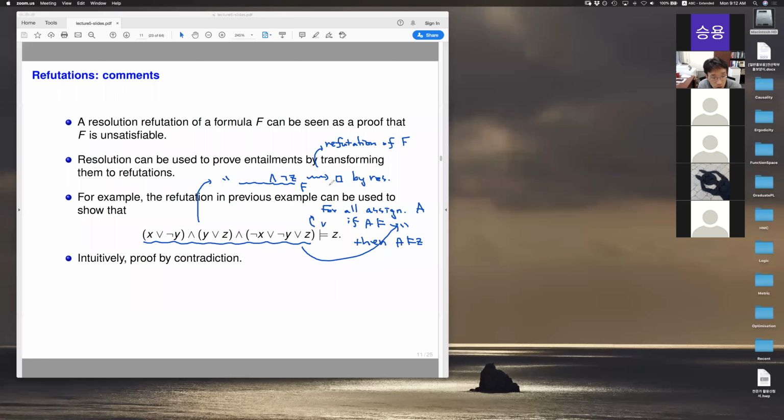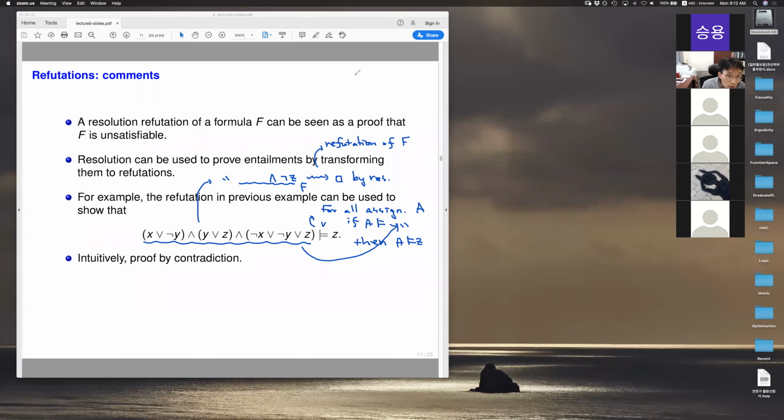So from there, we can conclude this entire formula is unsatisfiable. That implies the original semantic implication relationship. This is nothing but proof by contradiction. We take the negation of the conclusion, we conjoin it with our assumption, and then we derive a contradiction from which we conclude that Z has to be true.